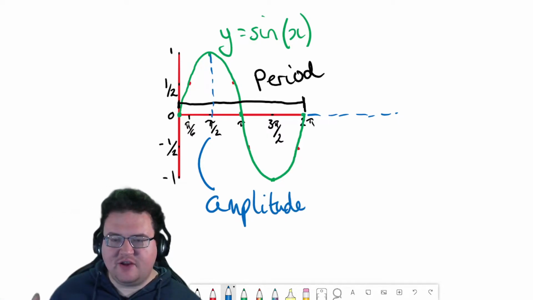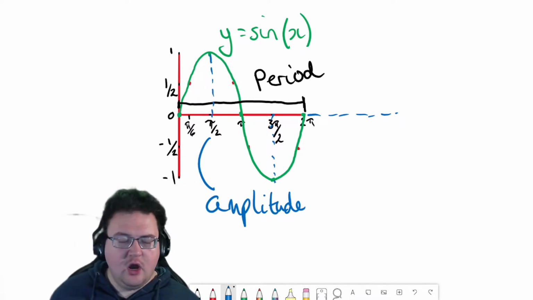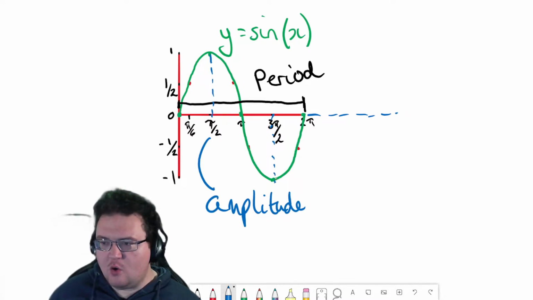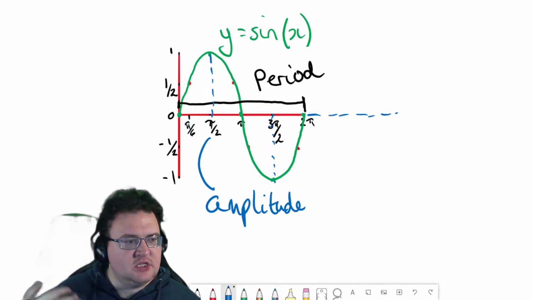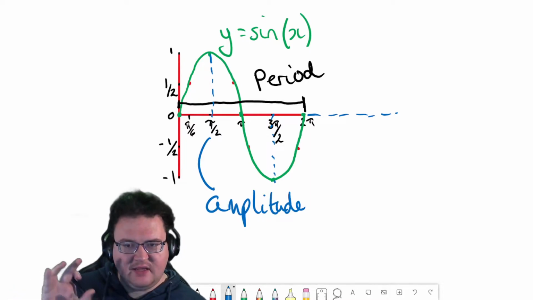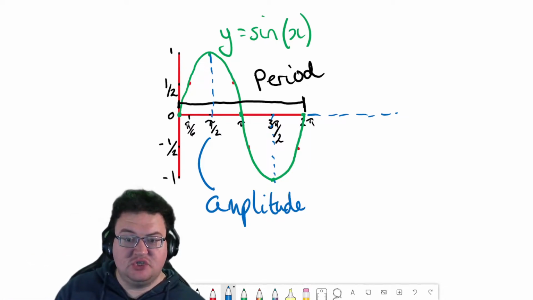All I'm doing is measuring the distance from the center line to a peak or a bottom of the graph. So this graph has an amplitude of 1, regardless of negatives or positives. Like most graphs, you can move these around, and you would move the center line around, so the amplitude is in reference to where the center line of that graph is. Because this is a standard one, the center line is just on 0.